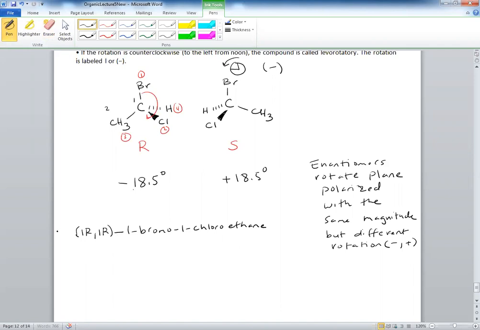If it's a negative, all we have to do is put a negative in parentheses at the front, like that: negative 1R-1-bromo-1-chloroethane. The same thing here would be positive, 1R, sometimes just written as RR, by the way. Or sorry, this is SS.